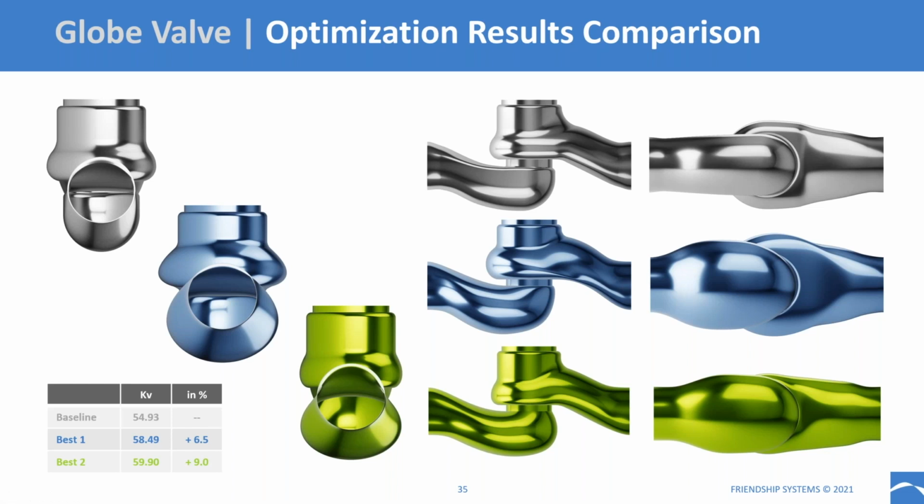I think it's interesting to see that the results of the 2 optimization studies are quite different, even though they have some similar characteristics, like the wider inlet here, but also some quite different shapes, like this radius here at the bottom, for example, which looks quite different.